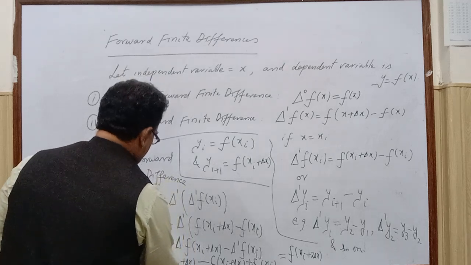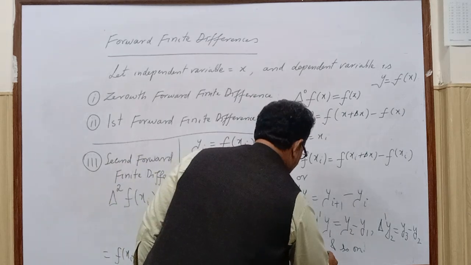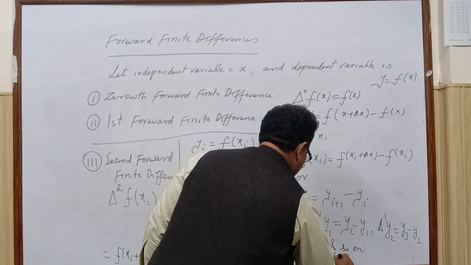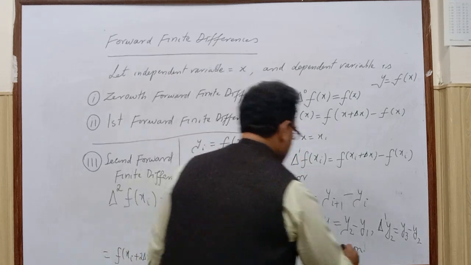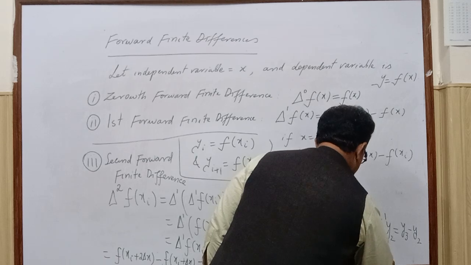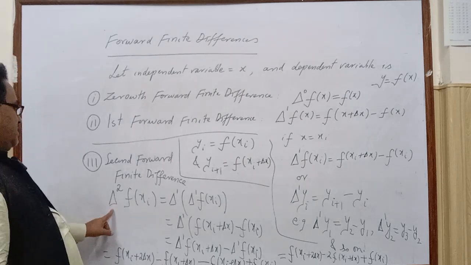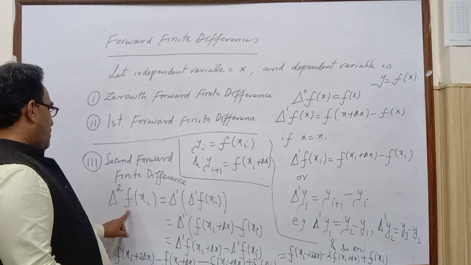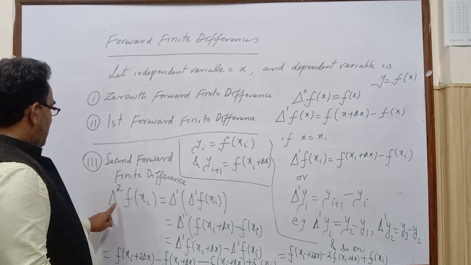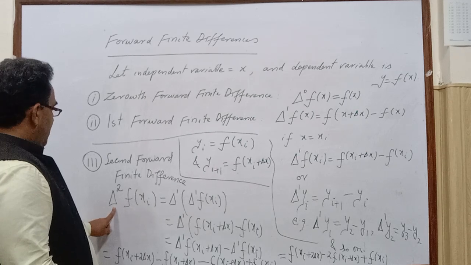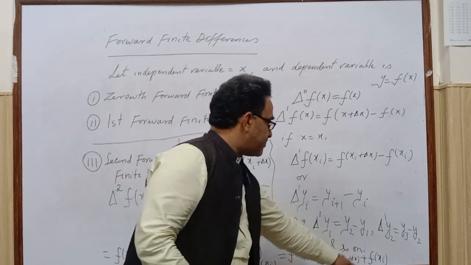And this minus f of xi plus delta x and minus f of xi plus delta x will be added up, and we will get 2f of xi plus delta x and plus f of xi. Okay, so this will be the result of the second forward finite difference operating upon f of xi. So this is the effect of the second order FFD upon f of xi, means the result will be this much.